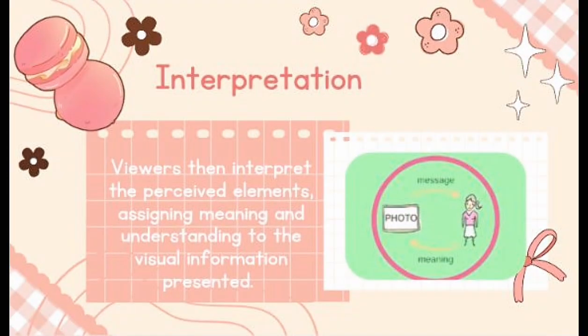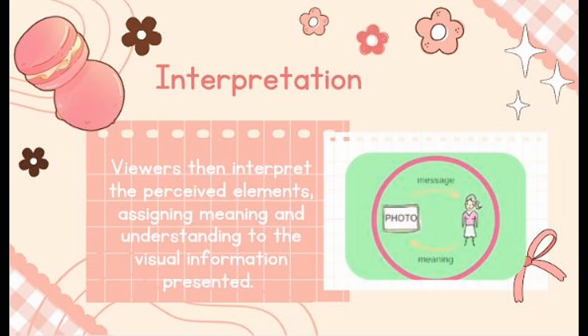Let's now proceed to the second one, interpretation. Viewers then interpret the perceived elements, assigning meaning and understanding to the visual information presented. This involves drawing upon prior knowledge, cultural context, and personal experiences. Going back to our example earlier, the apple.